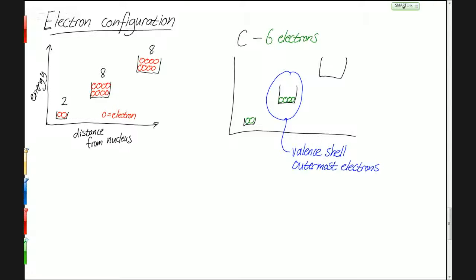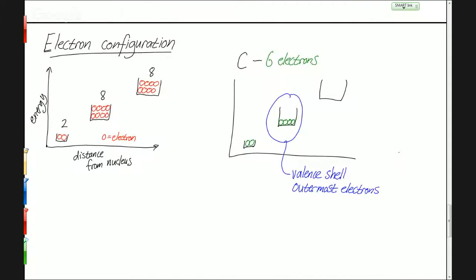So we're often going to need to be able to predict these things, and we're going to need to know how many valence electrons a particular atom has. And to find that, we put them in their buckets, and then we look at how many are in the outermost one, or the highest level one. Oh, sorry, one other definition that we should have.